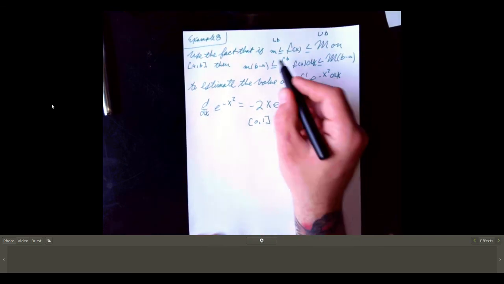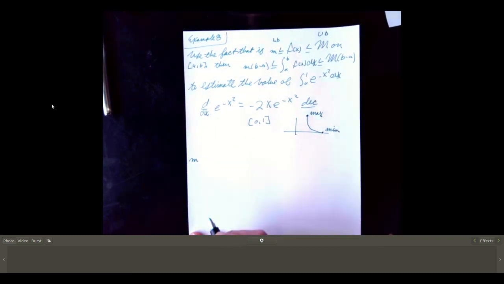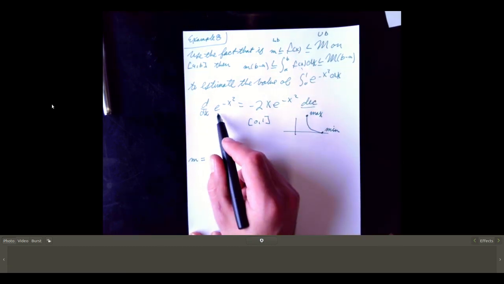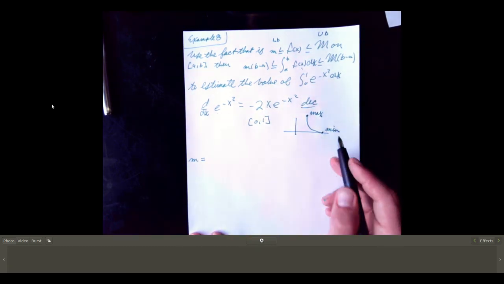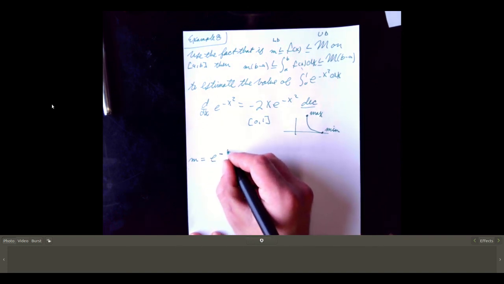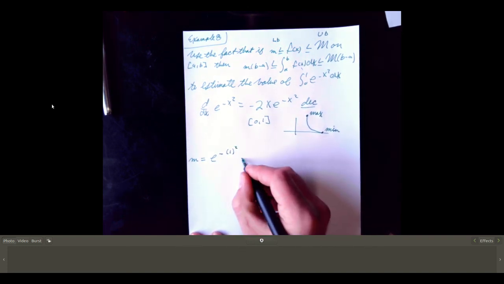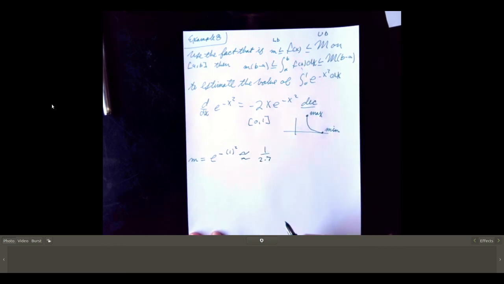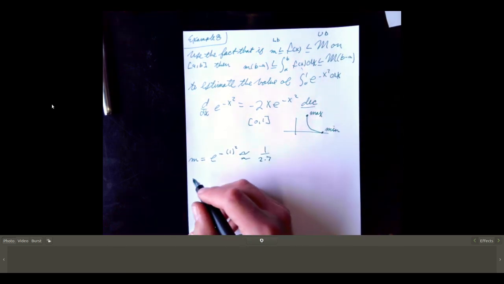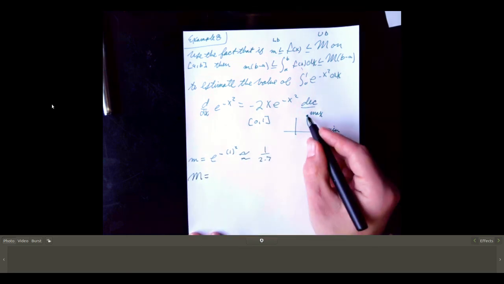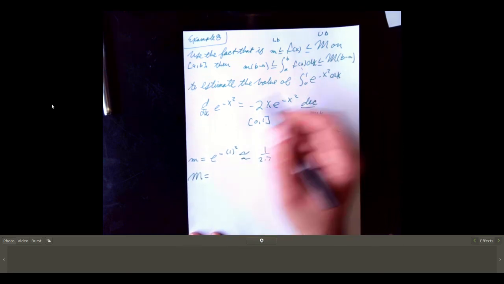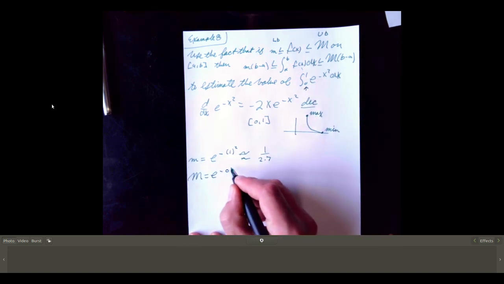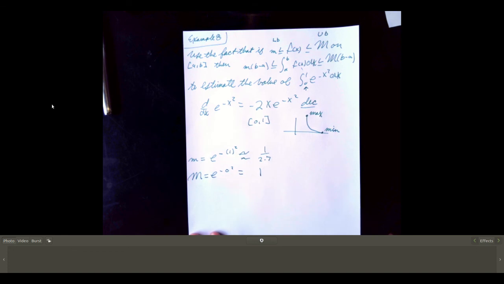That means our lowest value, lowercase m, is going to be equal to this function evaluated at its endpoint, e to the negative 1 squared, which is about 1 over 2.7. And our upper bound, our capital M, is going to occur at our starting point, which in this problem is 0. So we get e to the negative 0 squared, which is 1.